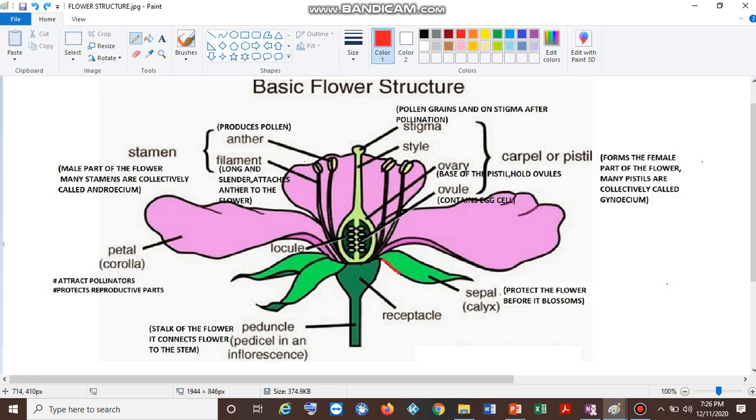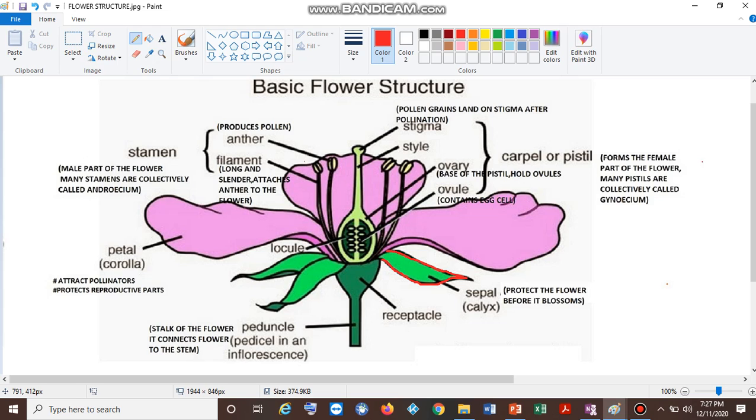Sepal is the green part of the flower, this one, at the base. And the basic function of sepal is to protect the flower when it is in bud stage. During bud stage, if you recall, all the parts are inside the bud and the green part is on the outermost.